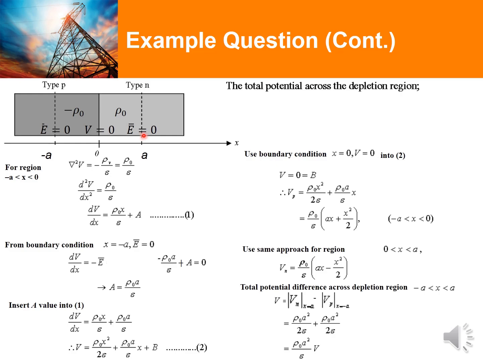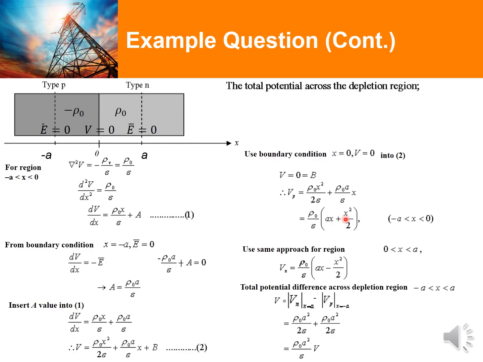When x is equivalent to a, putting x equivalent to a here and a squared here, we would get rho naught divided by epsilon, multiplied with a squared divided by 2. Hence, this term here. The potential at x equivalent to negative a is equivalent to these mathematical terms with the x replaced by negative a.